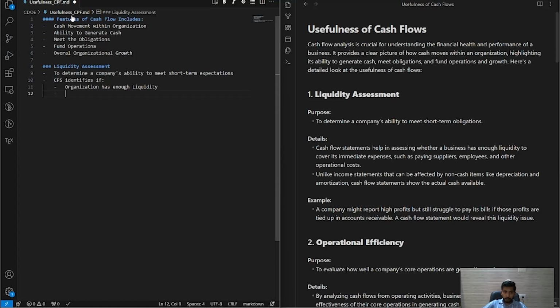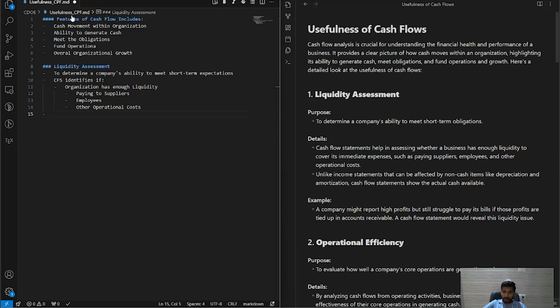Enough liquidity for paying the suppliers, employees, and other operational costs.